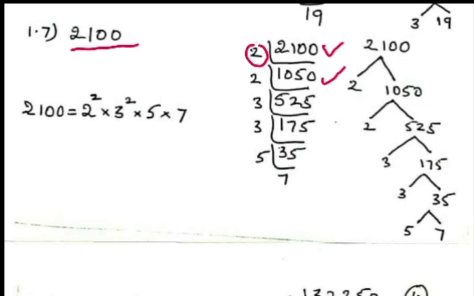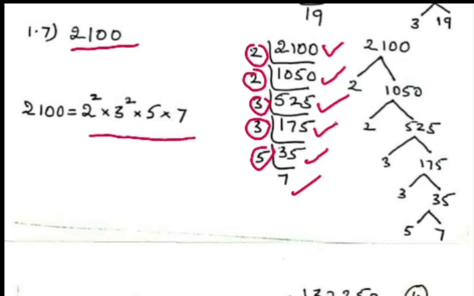Again it is divided by 2. 1050 is divided by 2, we get 525. 525 is divided by 3, we get 175. 175 is divided by 5, we get 35. 35 is divided by 5, we get 7. So 2100 can be expressed as 2 square multiplied by 3 multiplied by 5 square multiplied by 7.